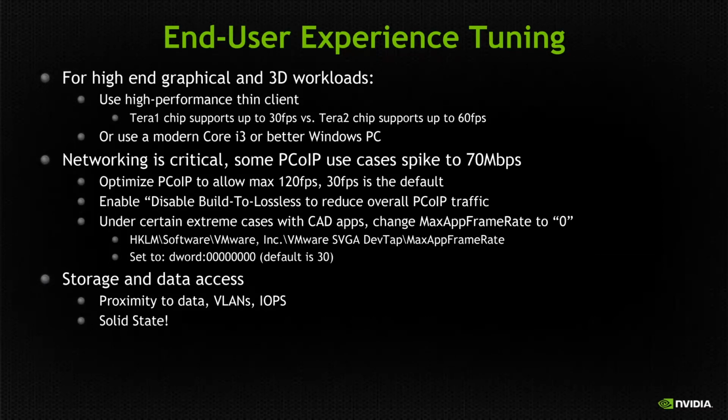If you have maximum lossy settings and highest frame rate and a very large monitor, that single session could consume 70 megabits per second bandwidth per user. So it's something you need to experiment with the settings and find out what works best for your user and also for your infrastructure.